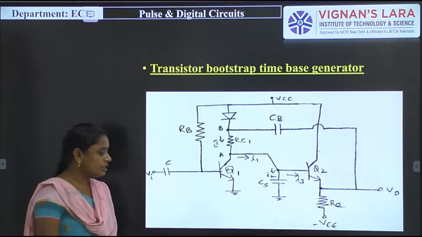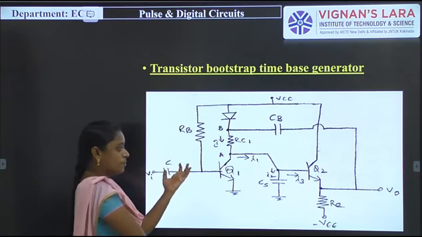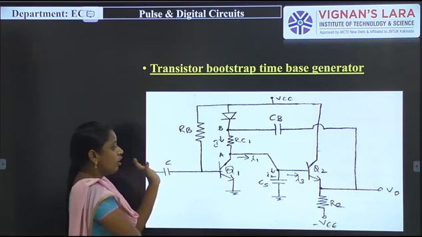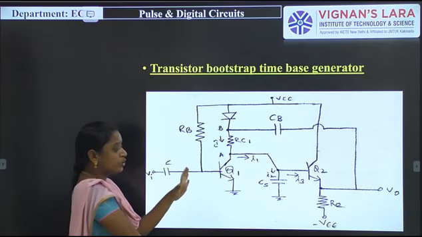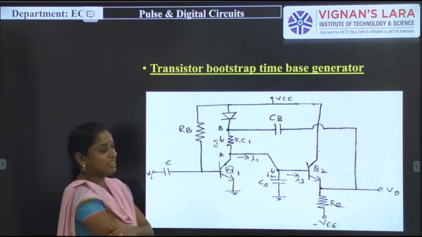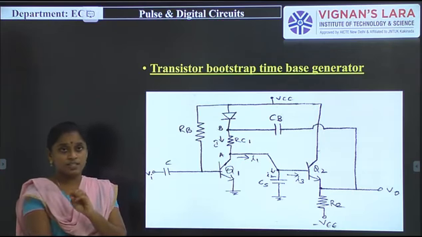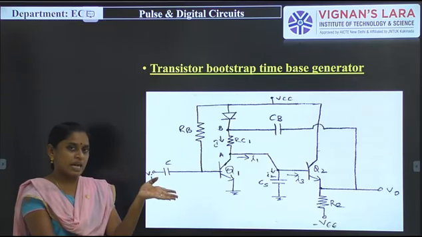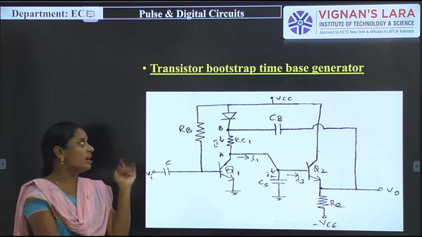Coming to the circuit design point of view, the transistor Q1 output is connected to the transistor Q2 as usual, but here the output is taken at the emitter terminal of Q2. For the bootstrap and Miller circuit, you have already studied in the BD subject. We have to know the bootstrap principle and the Miller operation. Simply, in the bootstrap the output is taken at the emitter terminal of the transistor Q2.